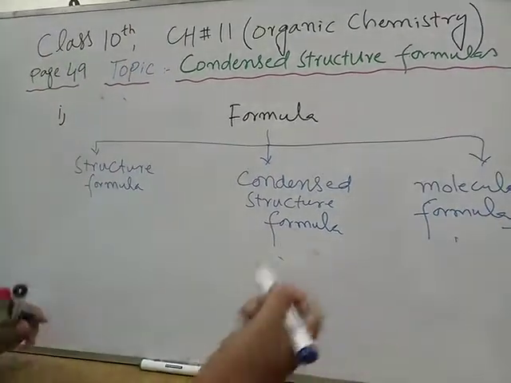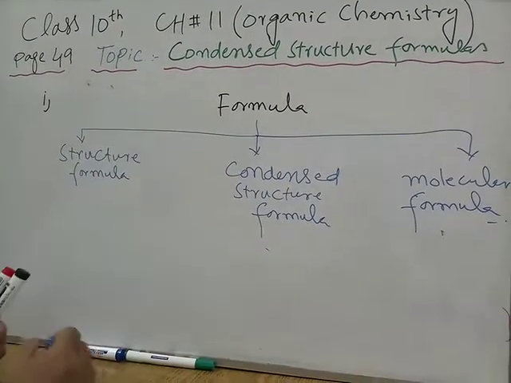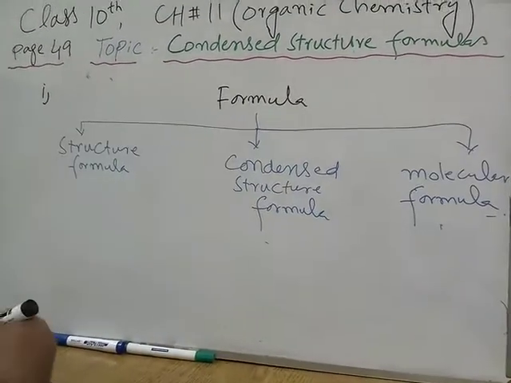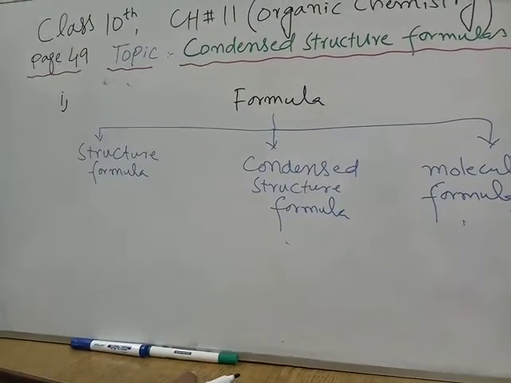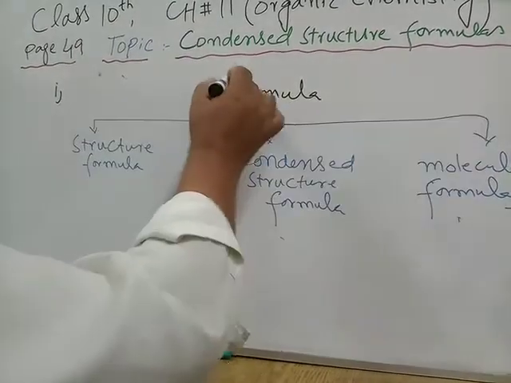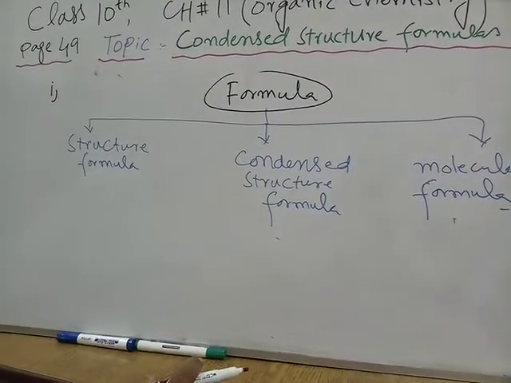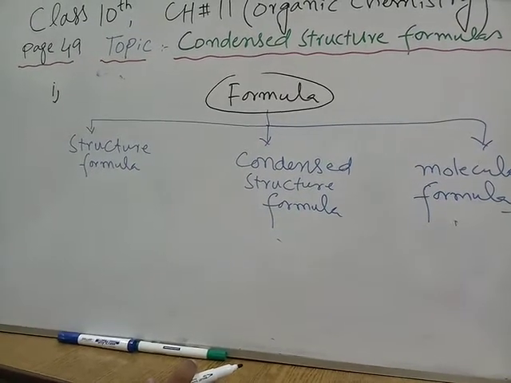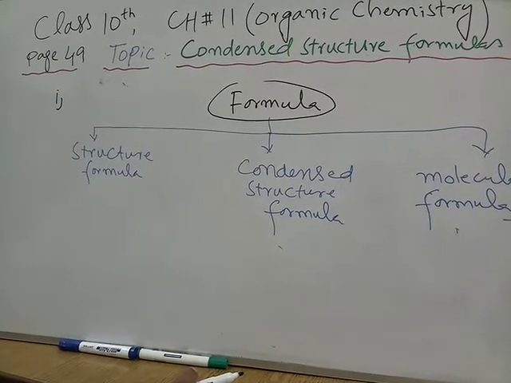There is another formula which is called dot and cross formula, but that is not given in your book, so I am not going into the detail of that formula. So let us start with the formula. A formula shows the composition of a compound in terms of types of atoms and number of atoms.